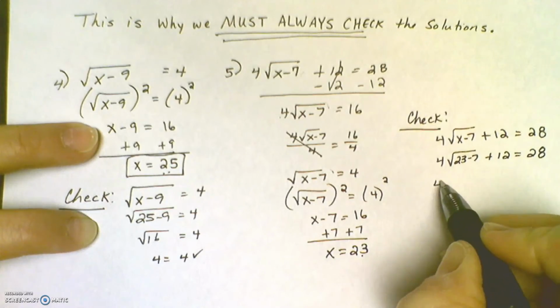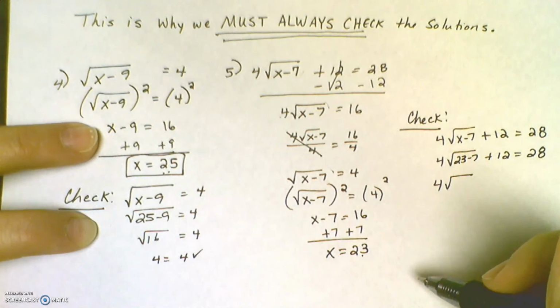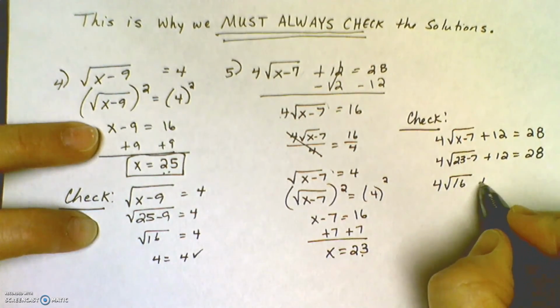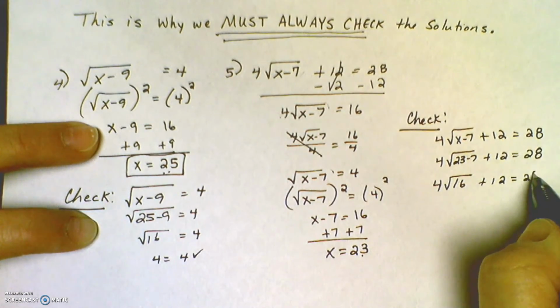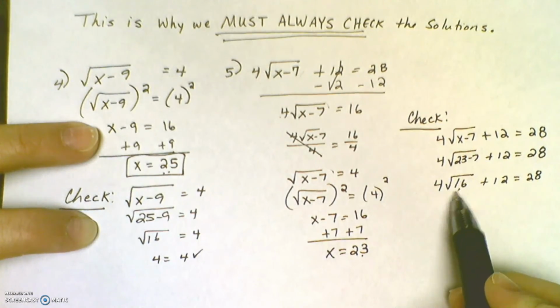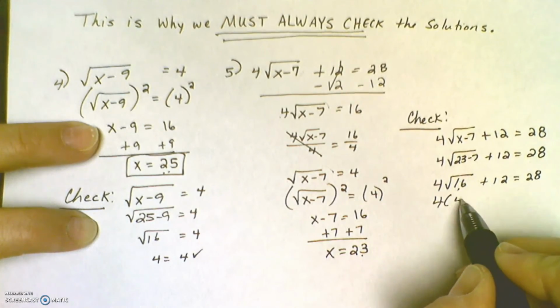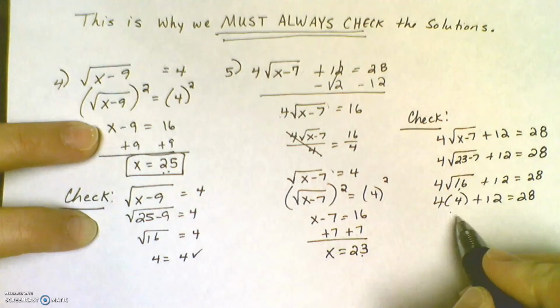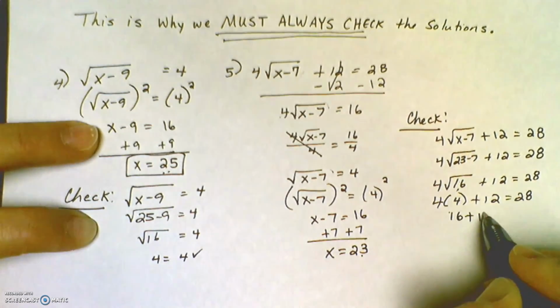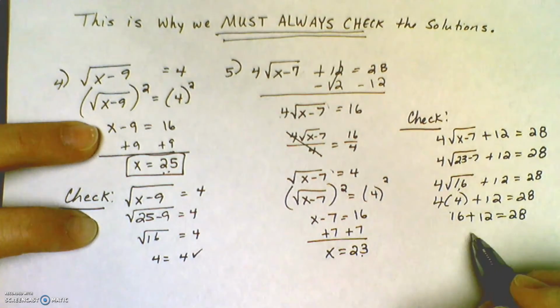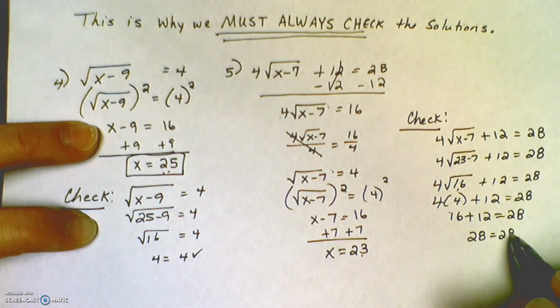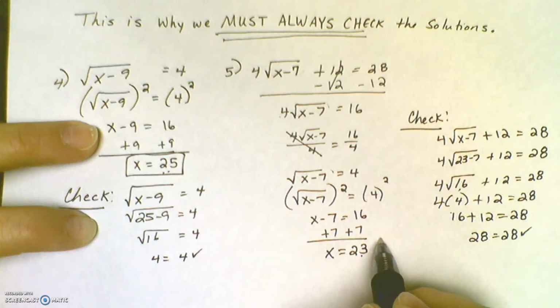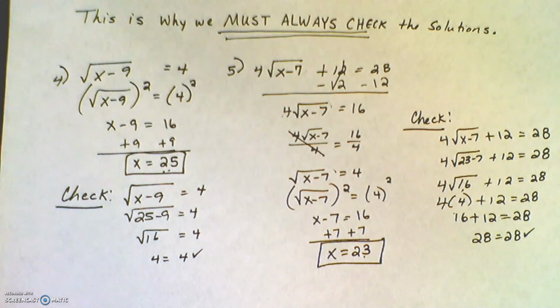Work this out. 23 minus 7 is 16. Square root of 16 is 4, so 4 times 4. 4 times 4 is 16. 16 plus 12 is 28. So the check works, so our solution is x equals 23.